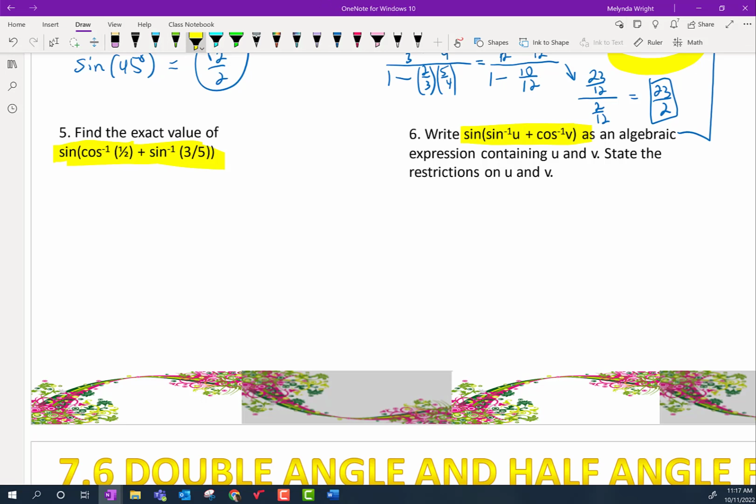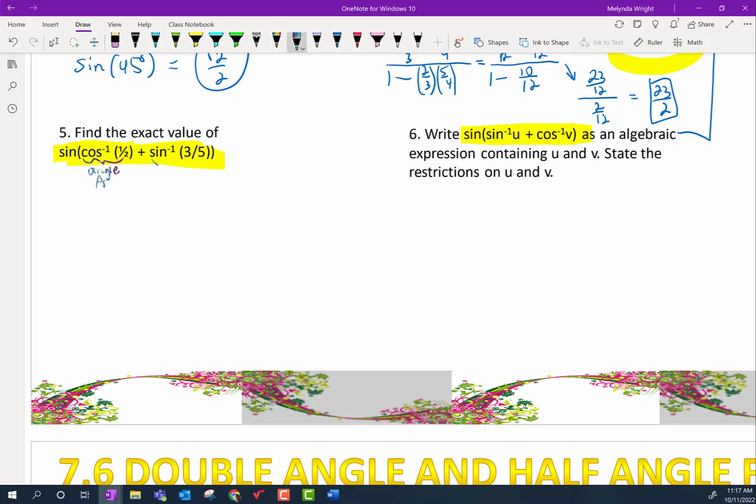Let's dig in here and look at what this represents. Let's take a peek at this piece right here. This is an angle. I'm just going to call it angle A. The inverse cosine of 1/2 is an angle measure.